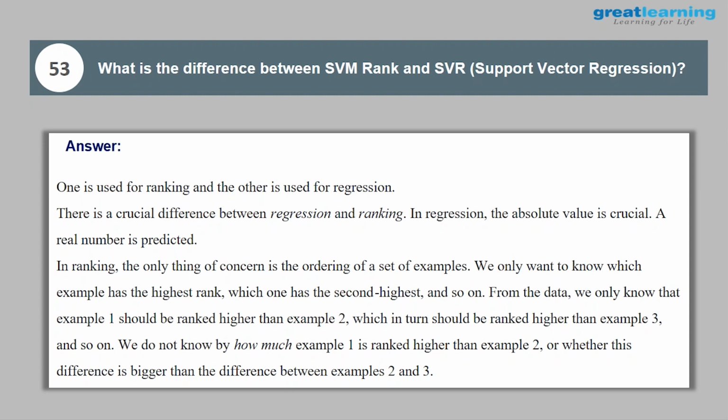We do not know by how much example 1 is ranked higher than example 2, or whether this difference is bigger than the difference between example 2 and 3. So this is the basic difference between rank and regression, and from there itself we can understand the difference between SVM rank and SVR, right?